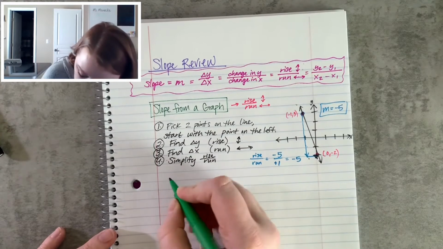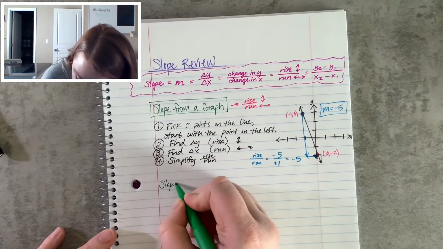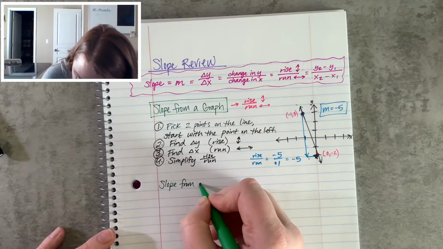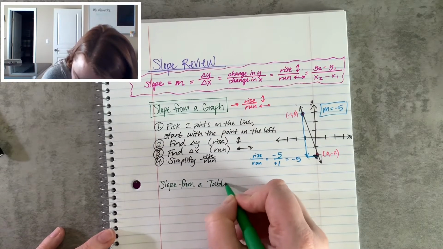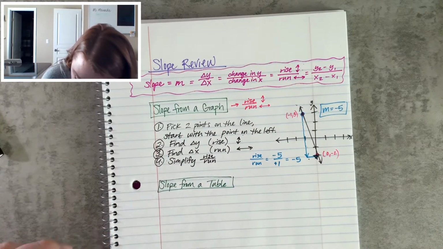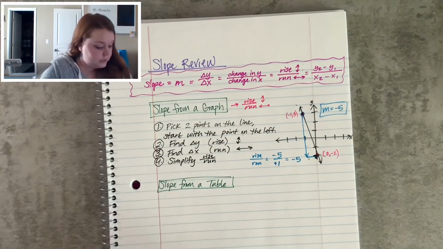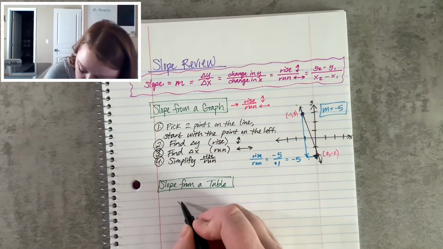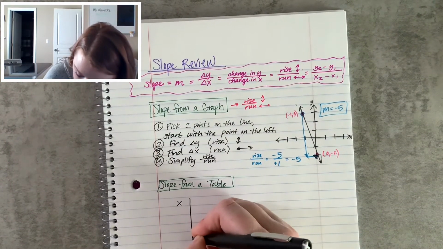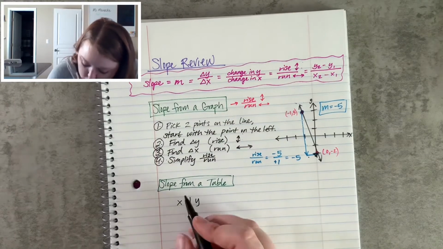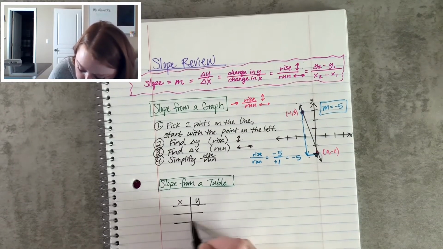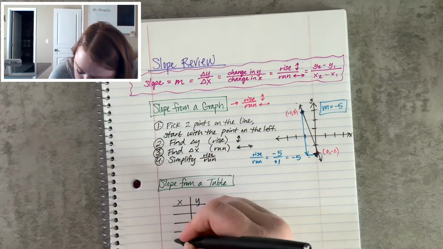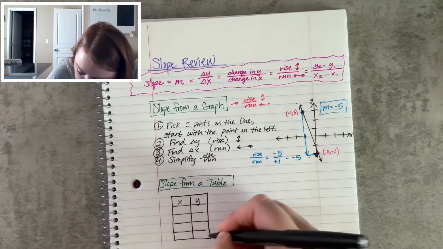Next, we're going to go to slope from a table. So let's set up an XY table here. And give yourself enough room for 4 ordered pairs to be put in there.